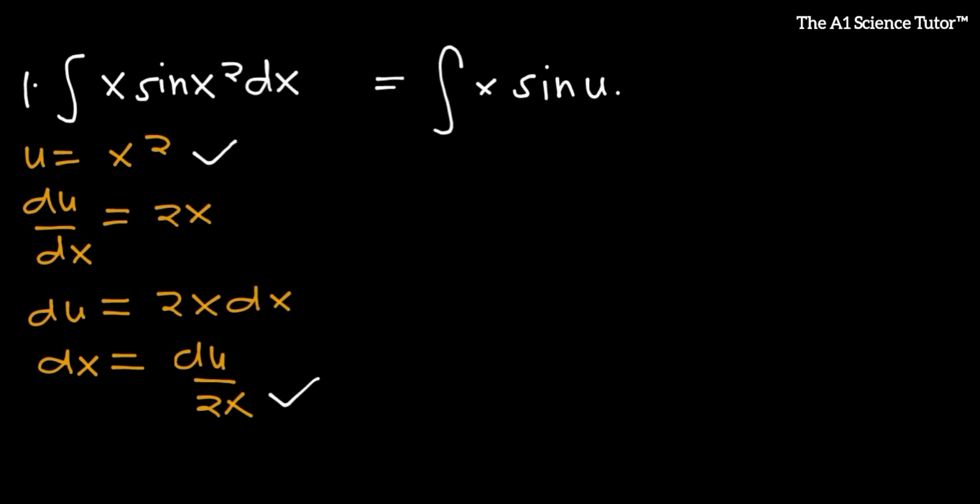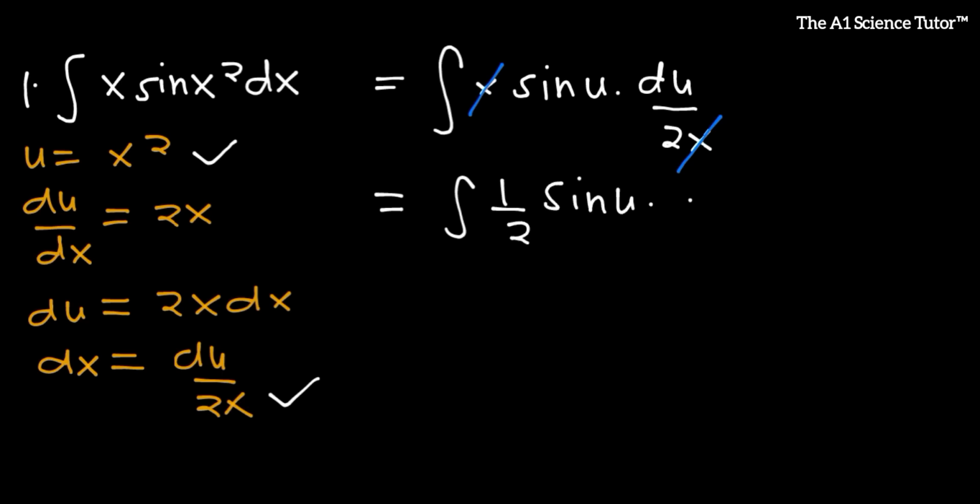And we have a dx. dx is going to be written as du divided by 2x. So actually I can take x here and have it cancel this other one. So I'm going to have integral 1 over 2 multiplied by sine u du right there.